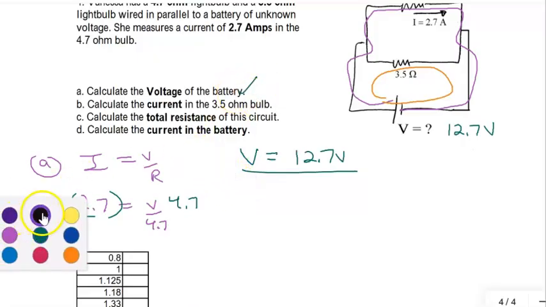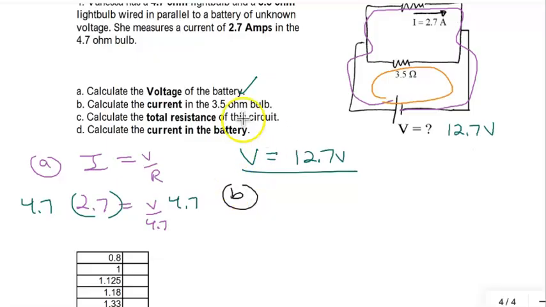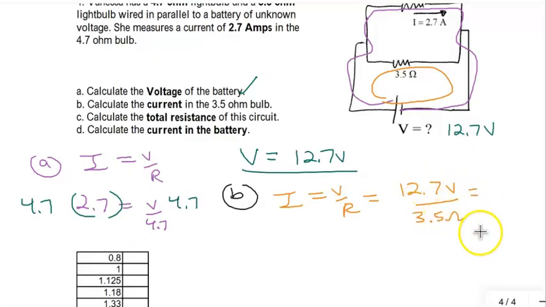All right, now calculate the current in the 3.5 ohm bulb. So that orange current is V over R because you have an independent loop. And now we know the voltage. And so that is 3.63 amps. Okay, so we know that 3.63 amps. Check.